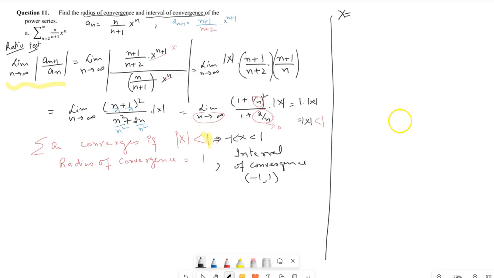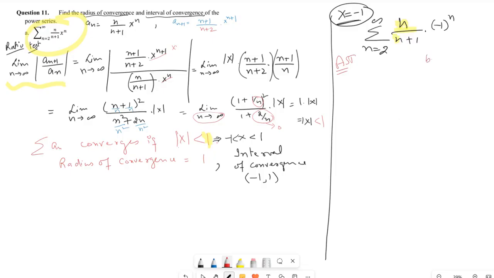So I'm going to check what happens when x is equal to -1. I'm just going to copy my series here: n by n plus 1 times, in place of x, (-1) to the power n. This becomes an alternating series. If you want to use the alternating series test, b_n would be n by n plus 1.